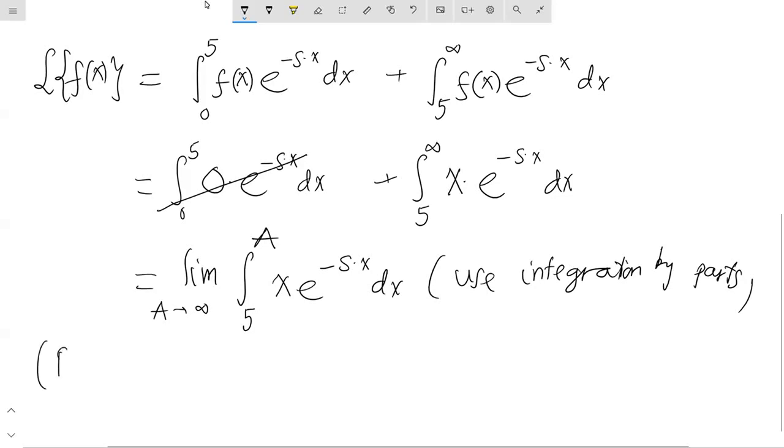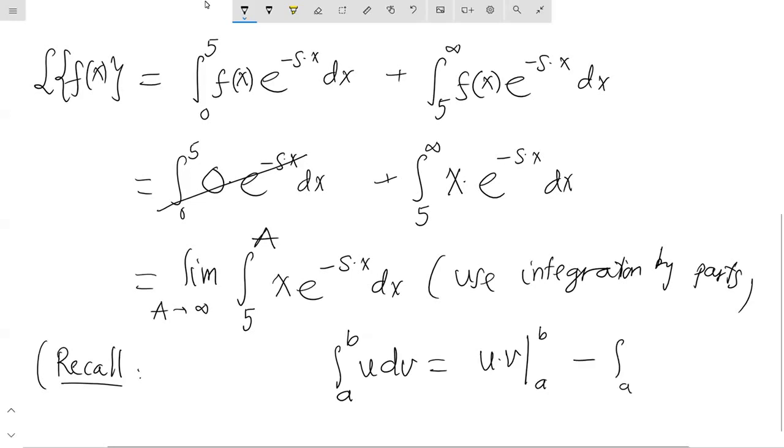Let me recall integration by parts with limits: the integral from a to b of u dv is u times v from a to b minus the integral from a to b of v du.